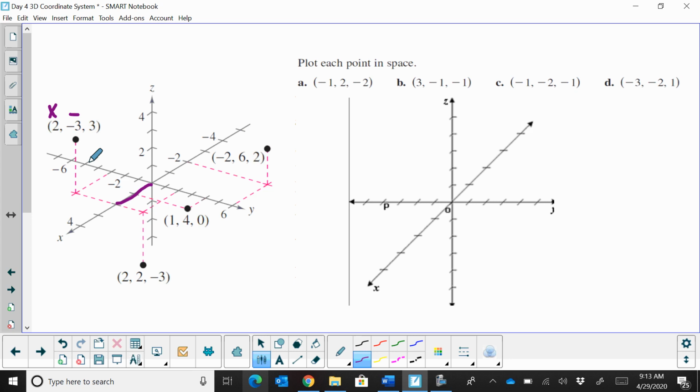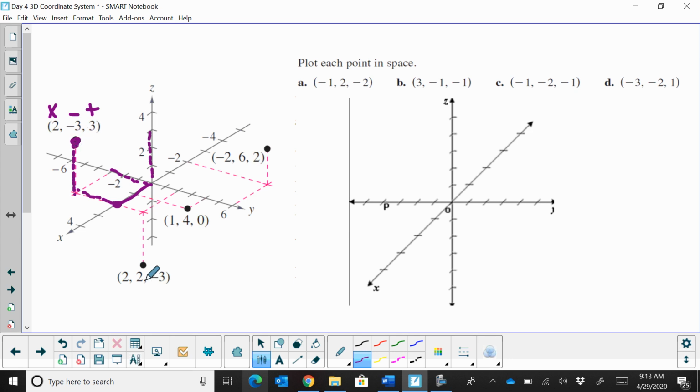Now, notice when I go left, I'm going left from this point. So I have to go parallel to the y-axis. And then z is a +3, so I'm going to go up 3. And again, I'm going parallel to this z-axis to then locate this point.